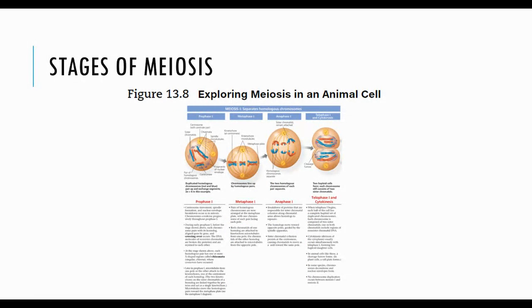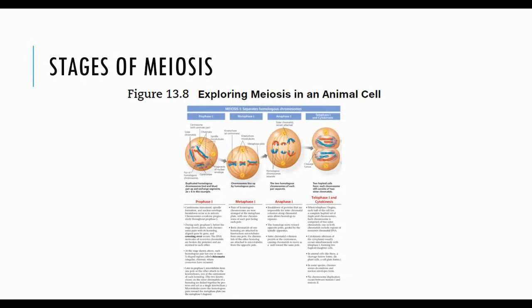Starting with meiosis 1, the first step of meiosis 1 is called prophase 1. And this is perhaps the most complicated and biggest event of the whole cycle. And it's going to be different from prophase 2 when we get there in a minute.